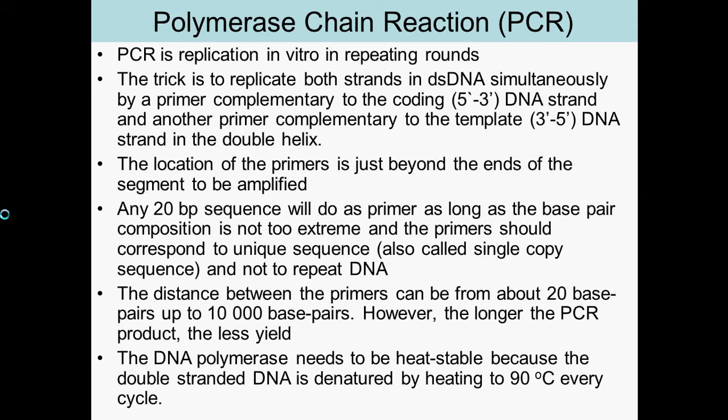And so you have two primers, one for the 5 prime to 3 prime, the other one that's on the 3 prime to 5 prime. You'll see pictures of this too, so it's more clear in a little bit.